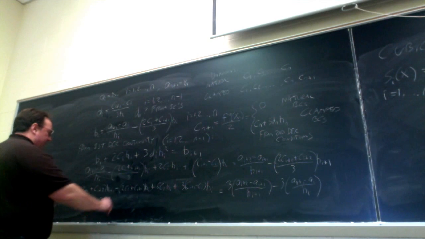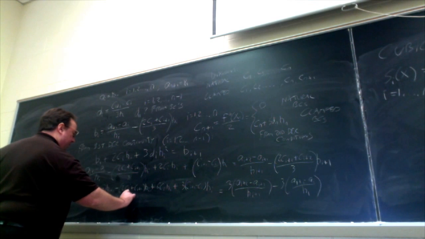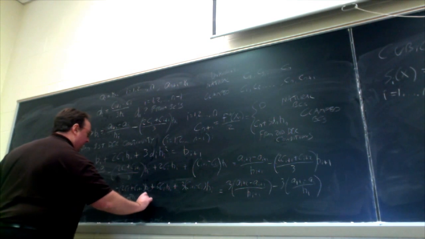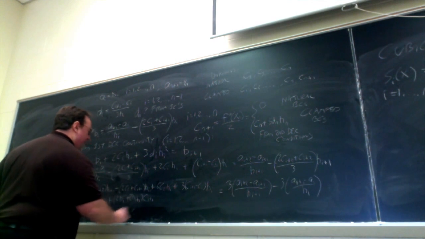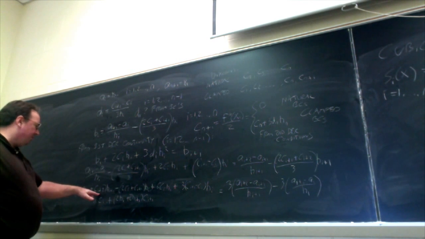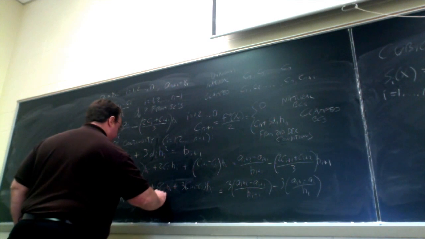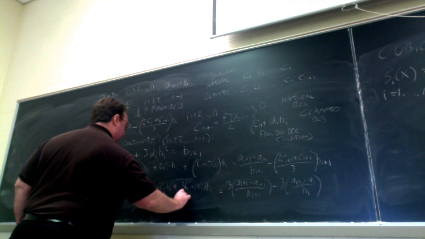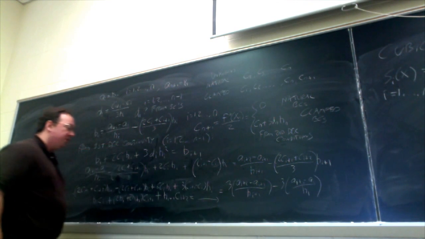So I put all that together and I get 2(h_i plus h_{i+1}) c_{i+1}. And then finally, in front of c_{i+2}, I only have h_{i+1}. So that equals all that stuff, which I don't need to change at all.